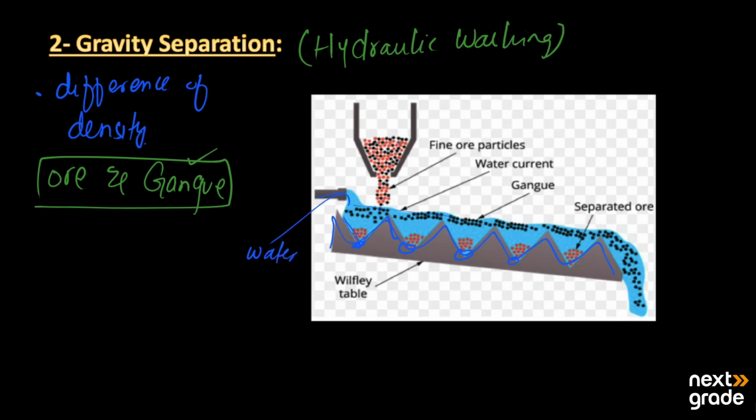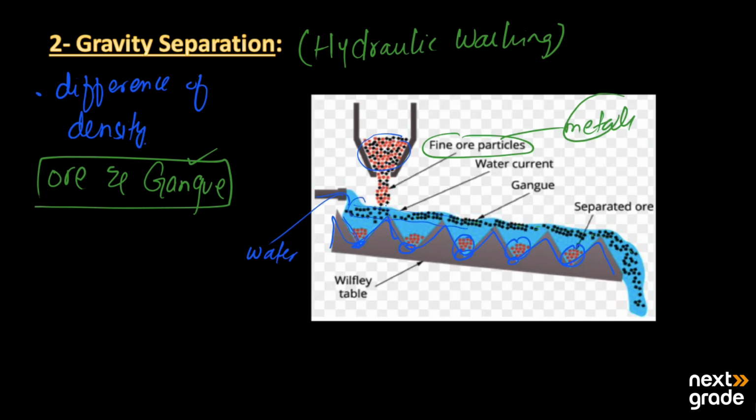When the fine ore particles fall over there, all the particles that have less density start to move over the surface with the water. The fine ore particles which contain the metals start to settle in these grooves and depressions.